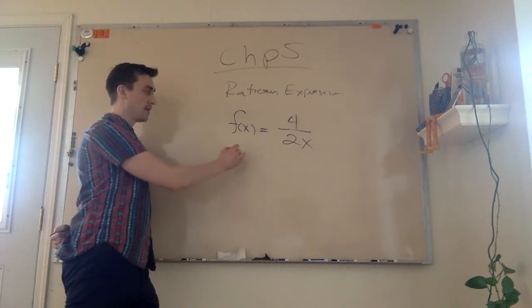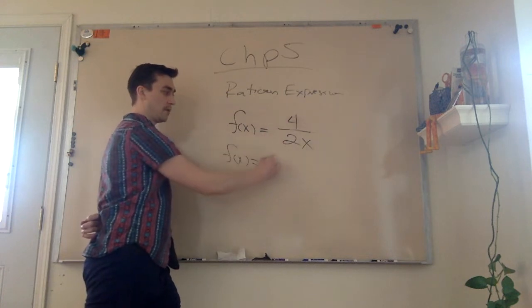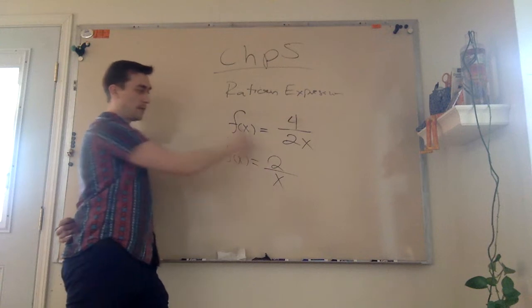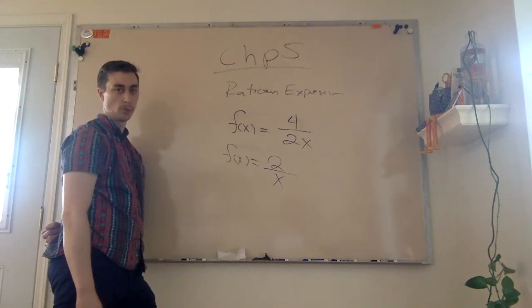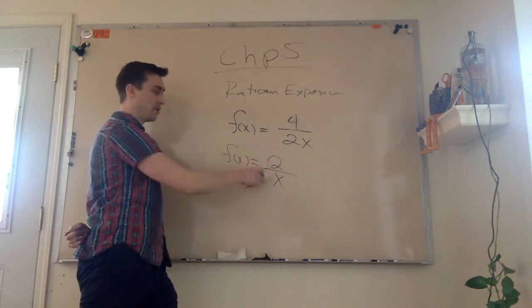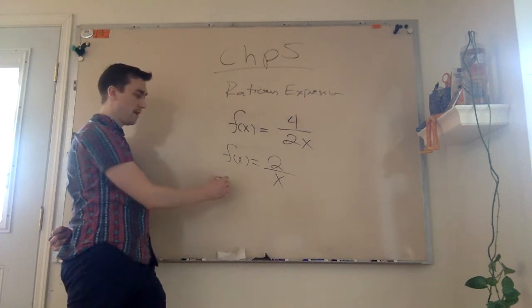So I could write this function as 4 divided by 2 is 2, and that divided by x stays there. So right, I could simplify it into that. Okay, but still, this function can't take on the value 0. Try to find f of 0.